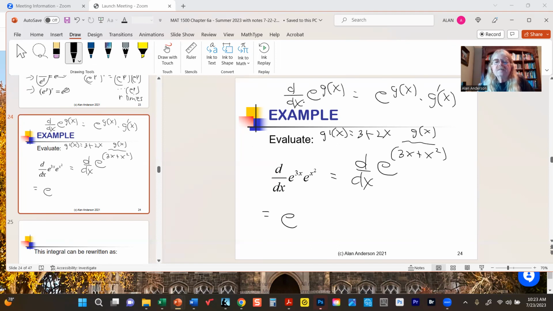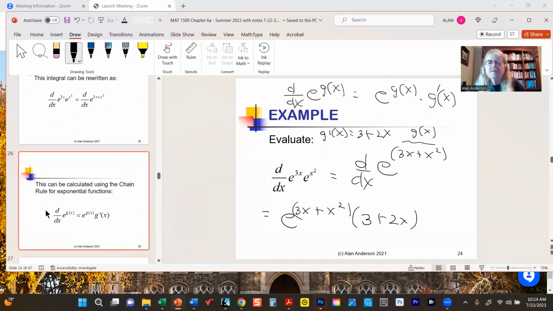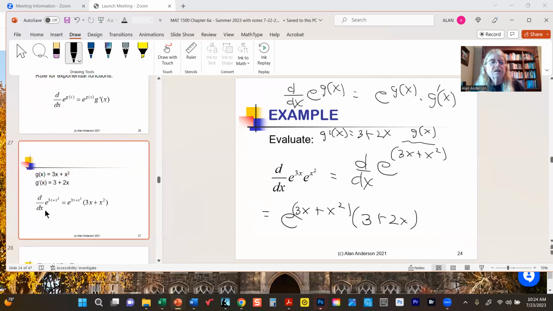So this result will be e to the 3x plus x squared times 3 plus 2x. And you can rewrite it if you want. I mean, it's fine the way it is. Sometimes there are certain methods we like to use for organizing our results, but this is fine. So that, I think you'll agree, was a lot quicker than trying to use the product rule. Although you certainly can use it to double check if you want to.